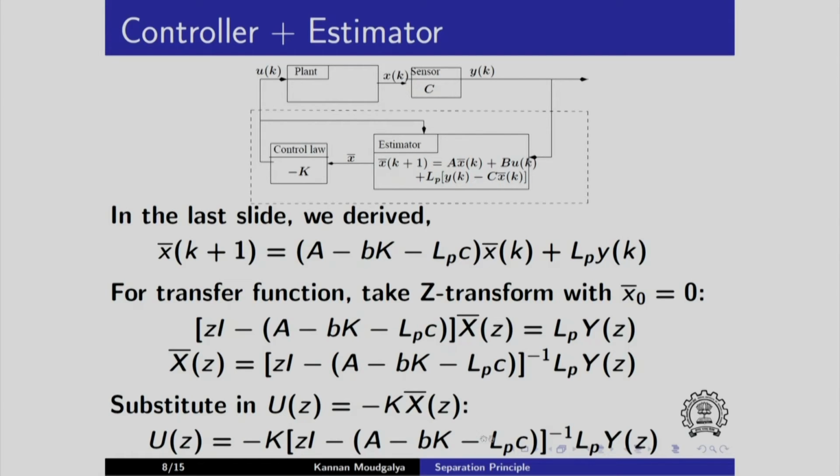So this is K into x bar, this whole thing. So this is the conventional controller, the input to that is y, the plant output, and the controller output is u. It has this A minus BK minus L_P C as we mentioned earlier.